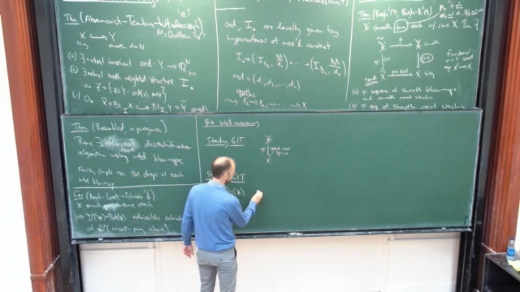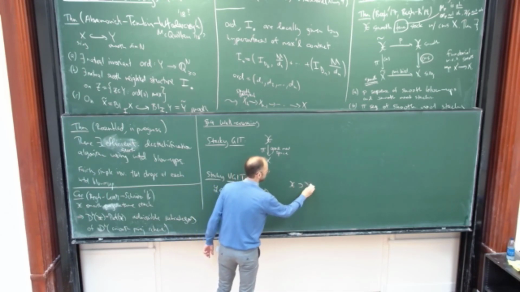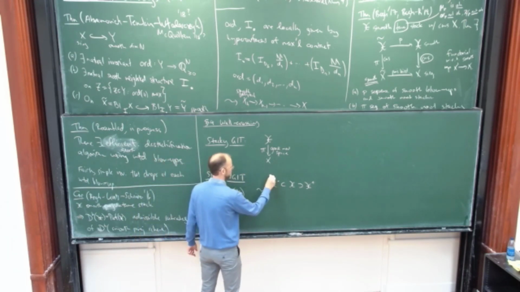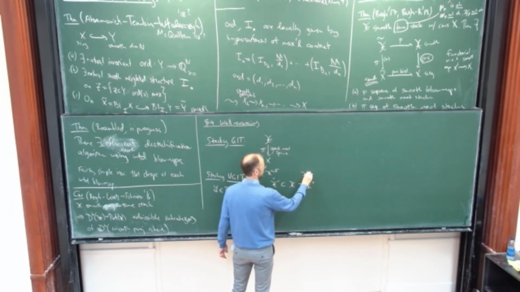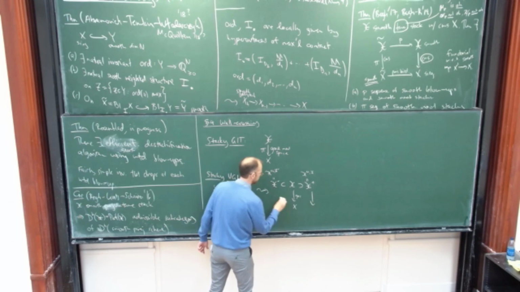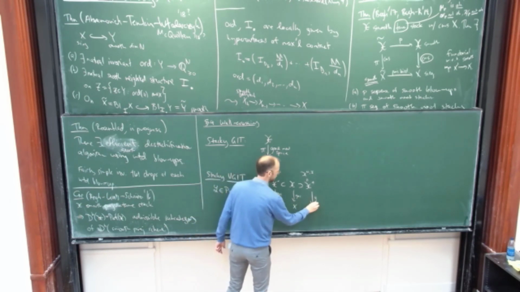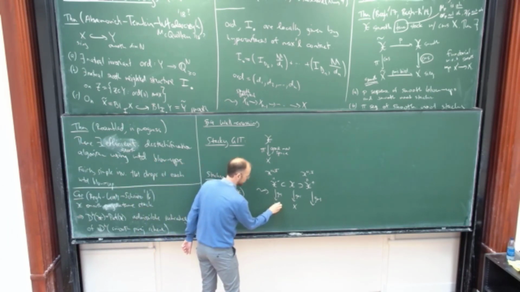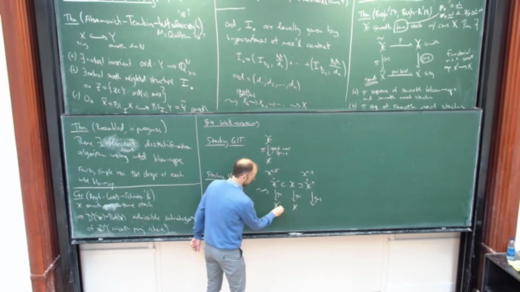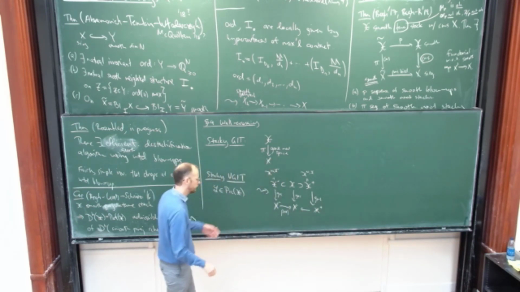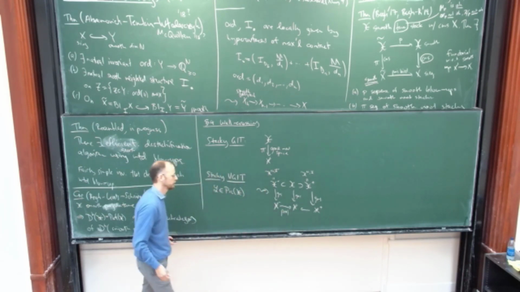When I pick this line bundle, this gives me two open subsets, the semistable loci with respect to L plus and L minus. I have this good moduli space, and then I have these other good moduli spaces, which typically will be coarse moduli spaces, and I have projective morphisms from these. So this is like a flip or a contraction.